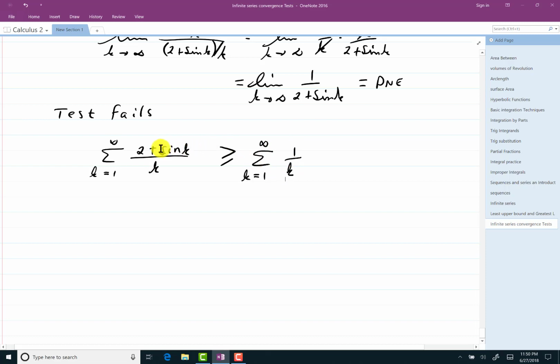No matter what, sine is greater than or equal to -1. So 2 plus sine is greater than or equal to 1. The k I did not have to change. Unfortunately, this series over here is infinite, so that forces our answer to be infinite. So it diverges by the comparison test.